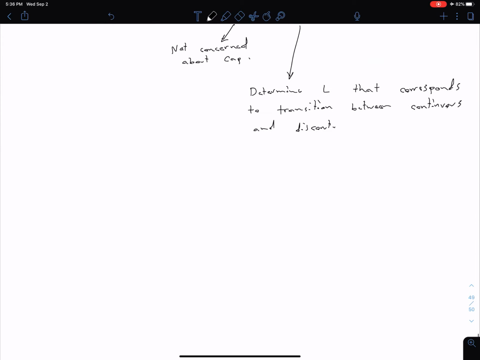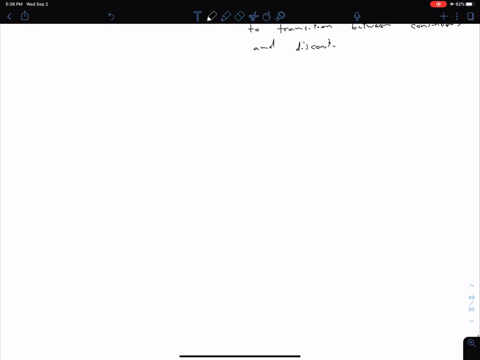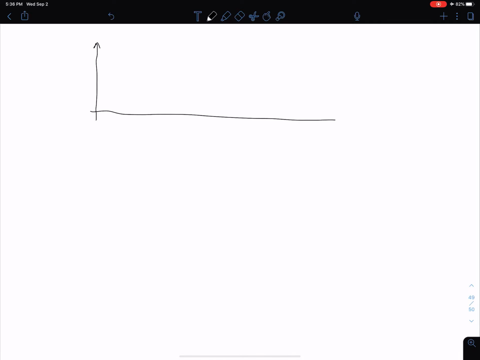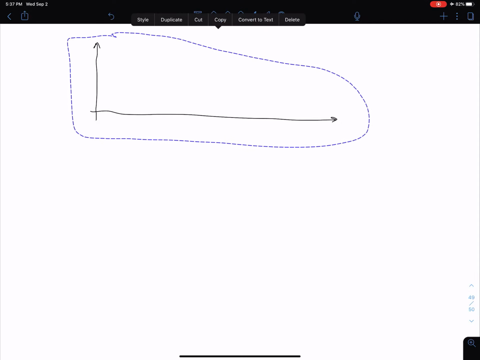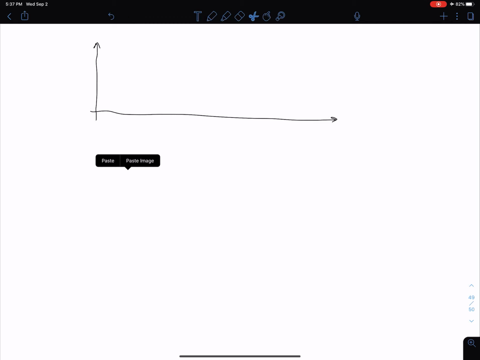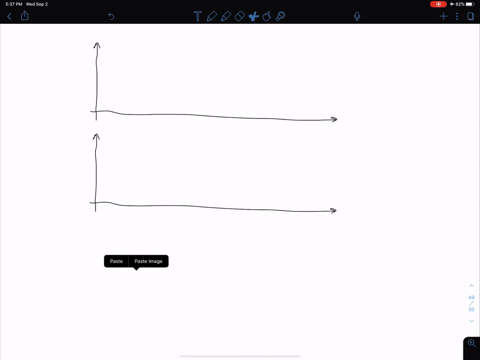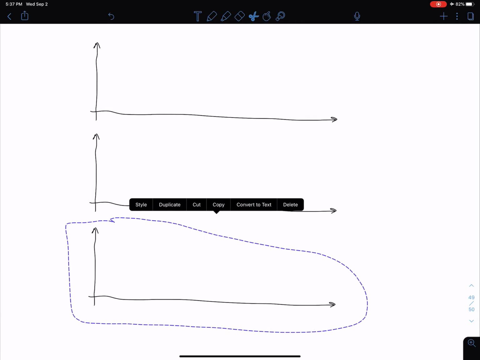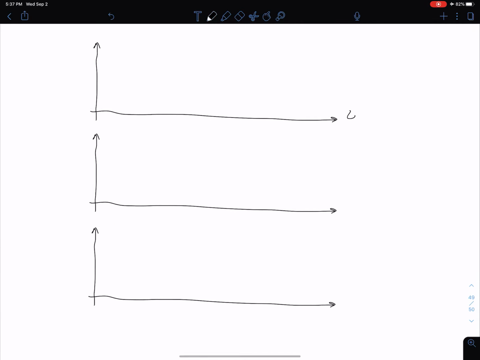So let's briefly draw what this looks like. Let's draw some plots for our switch, for our I raw, and for our output current. Okay, so for all of these, we're looking at things over time.